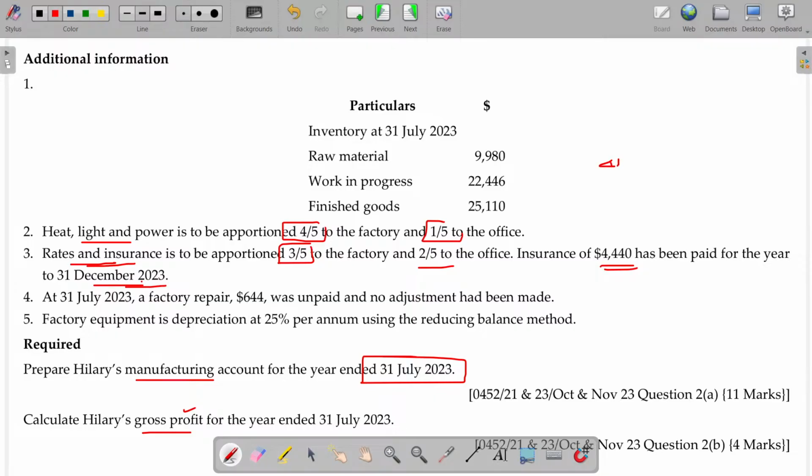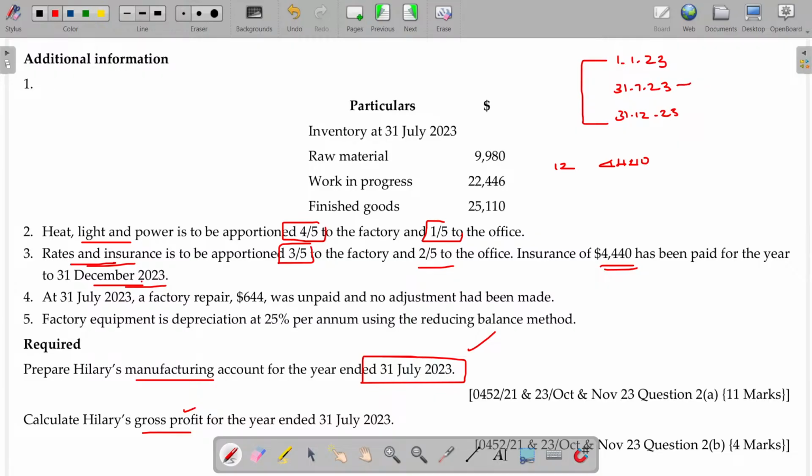So 4,440 is for 12 months, and the payment is up to 31st December 23, meaning from 1st January 23 onwards. But our accounts are getting closed on 31st July 23.